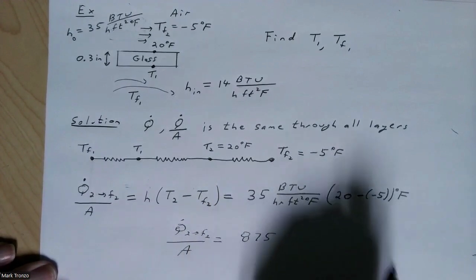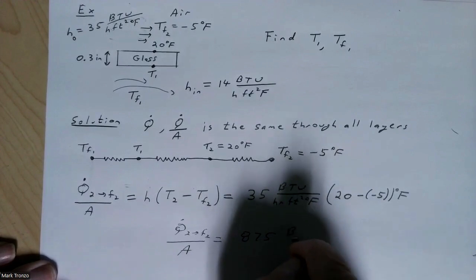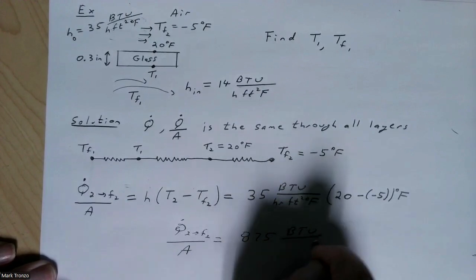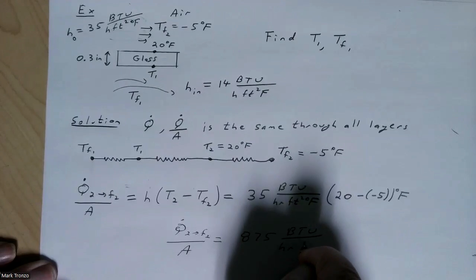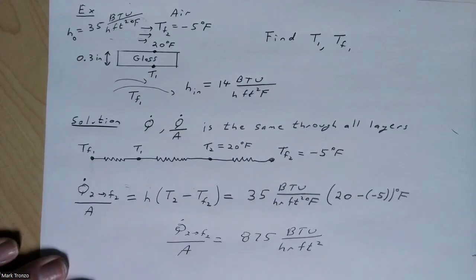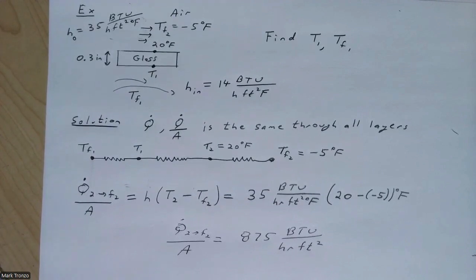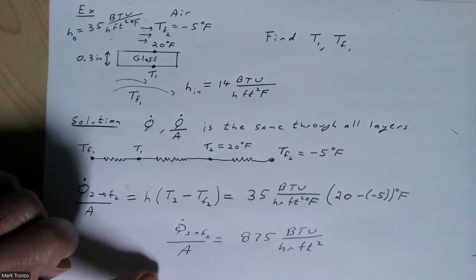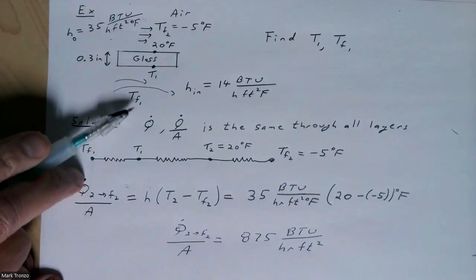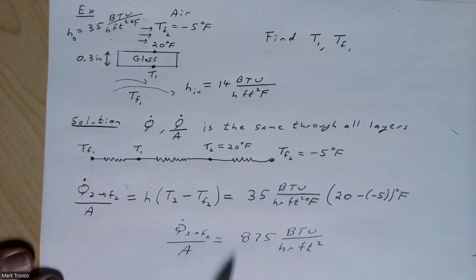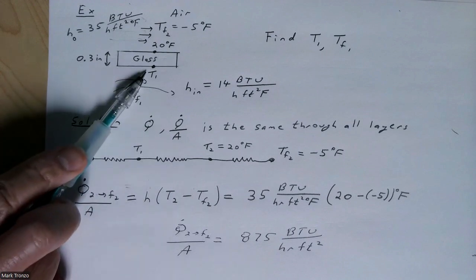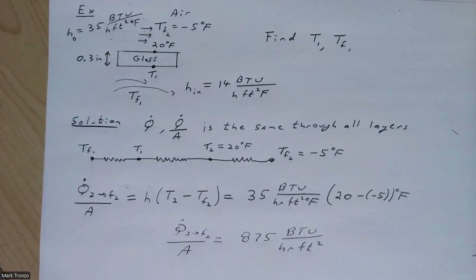The Fahrenheit is going to cancel, BTUs per hour foot squared. And now remember that the heat transfer rate is going to be the same all the way through. So now we can use this to find T1. We're going to work backwards.